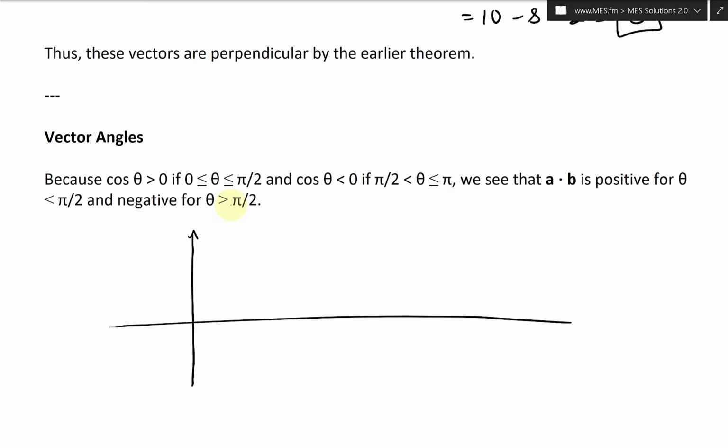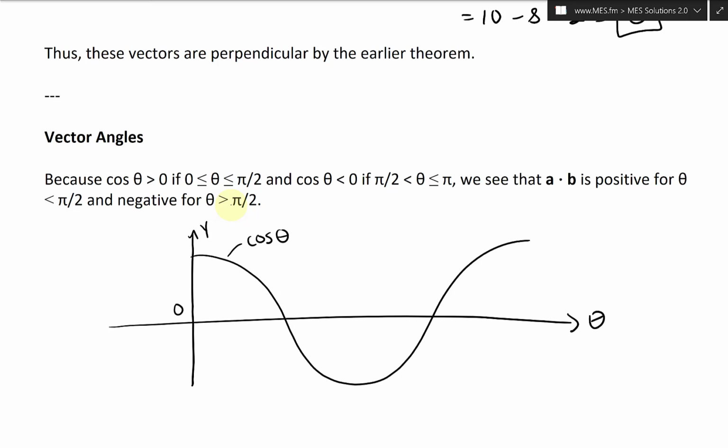Let's say the angle theta is the x-axis and cosine theta is the y-axis. Here's the cosine theta graph.